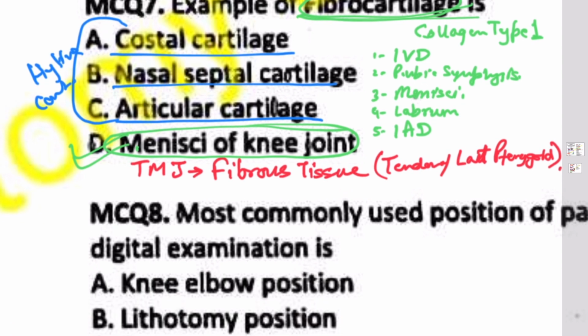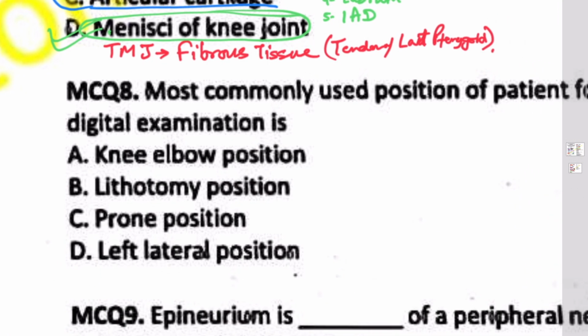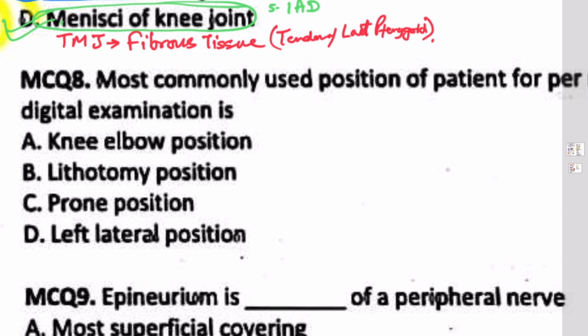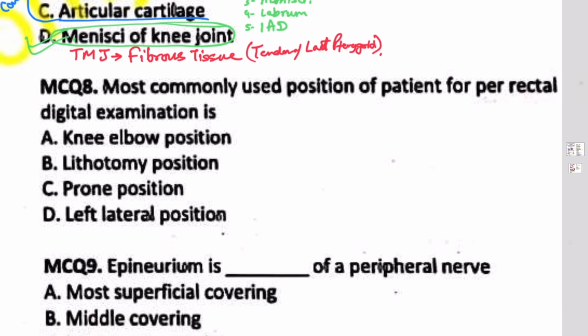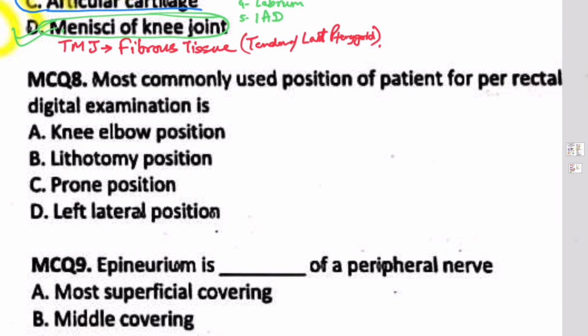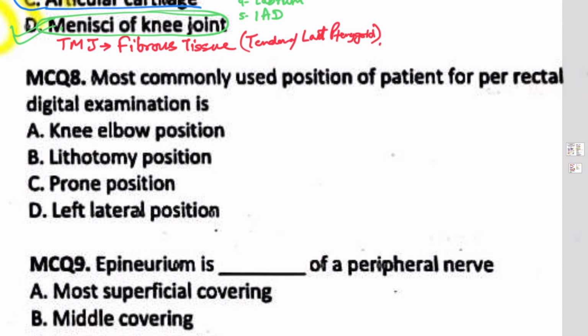Then the next question is question number 8. The most commonly used position for per-rectal digital examination is: knee elbow position, lithotomy position, prone position, left lateral position.